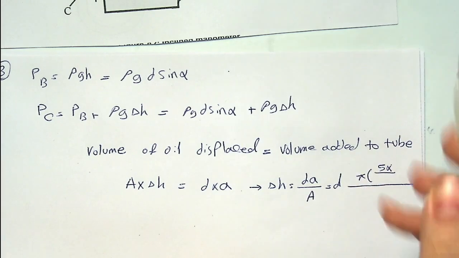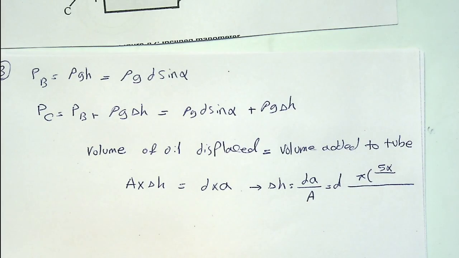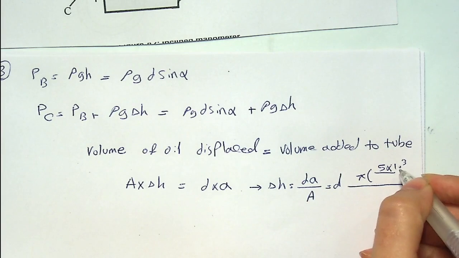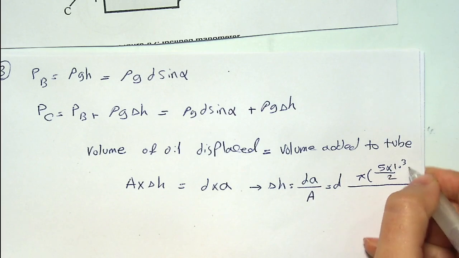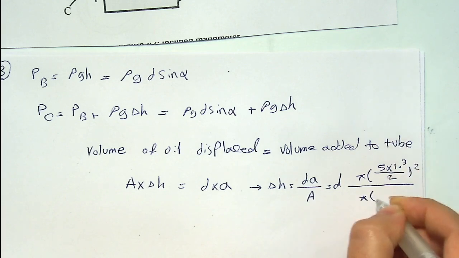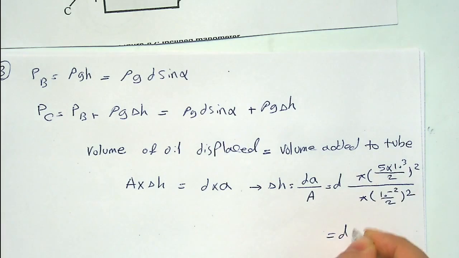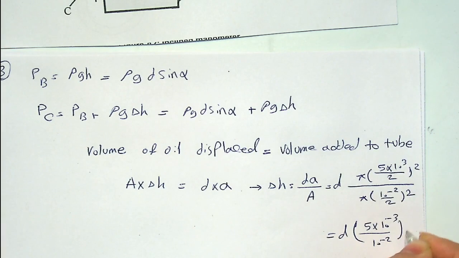The diameters are given in the diagram in the question sheet. One is 5 millimeter and the other one is 1 centimeter. So now I have delta H relative to D.